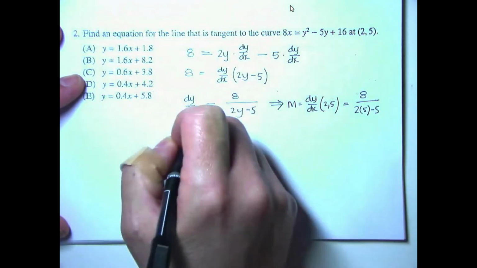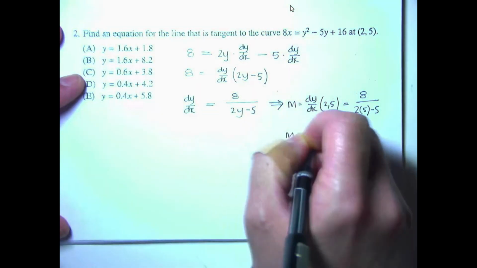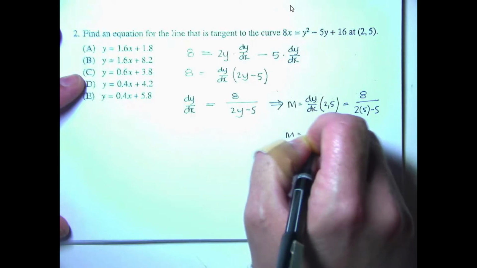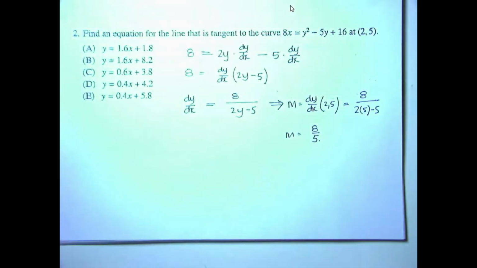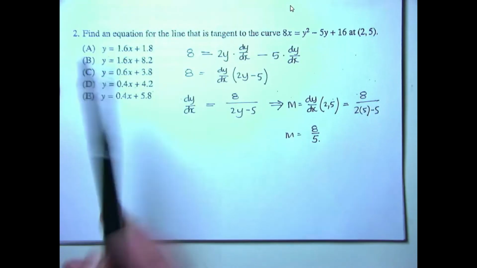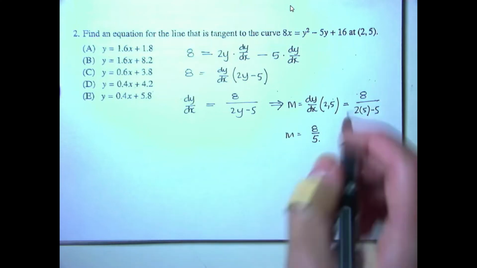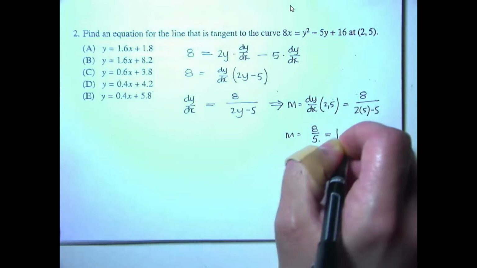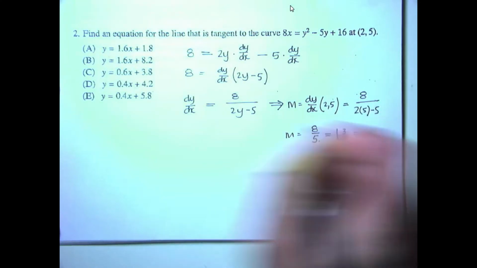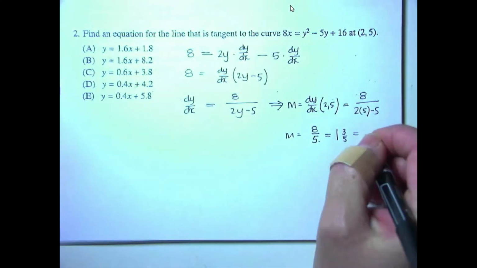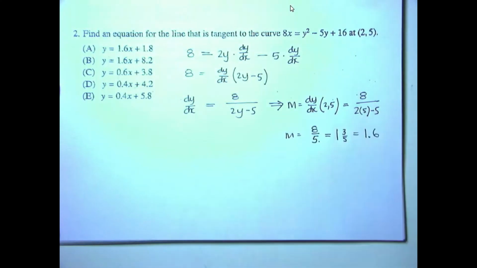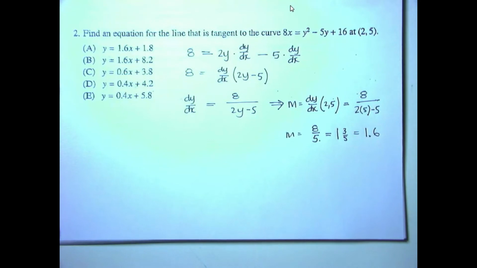So I can say then that this slope m is equal to 8/5. All right, so they're dealing here with decimal values. 8/5, of course, is equal to 1 3/5, or as a decimal, you can give this as 1.6 if you'd rather use decimal values.